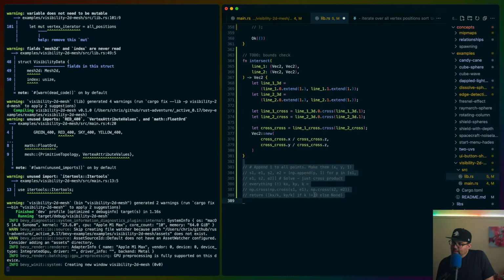Oh, if k is not equal 0, otherwise none is what our... so this actually has to be an option.